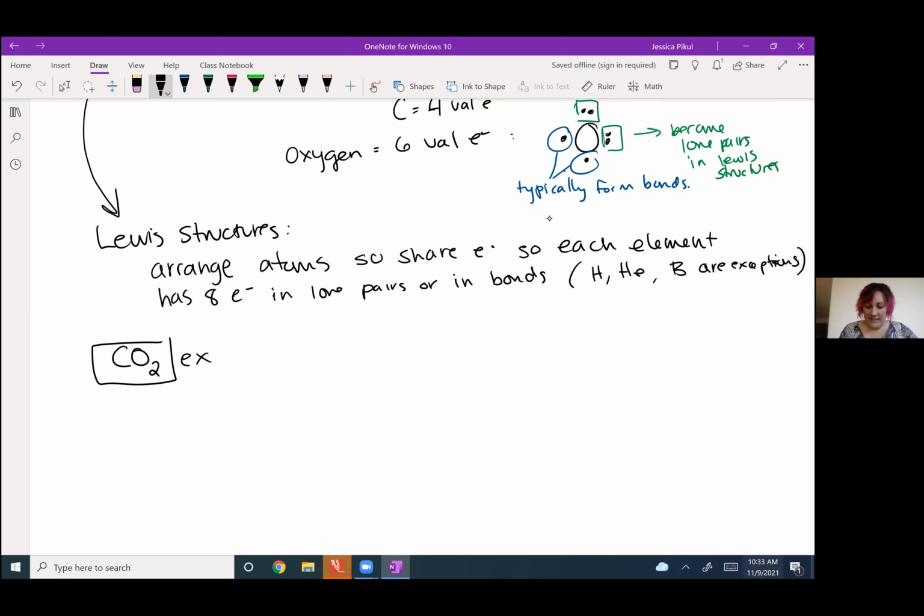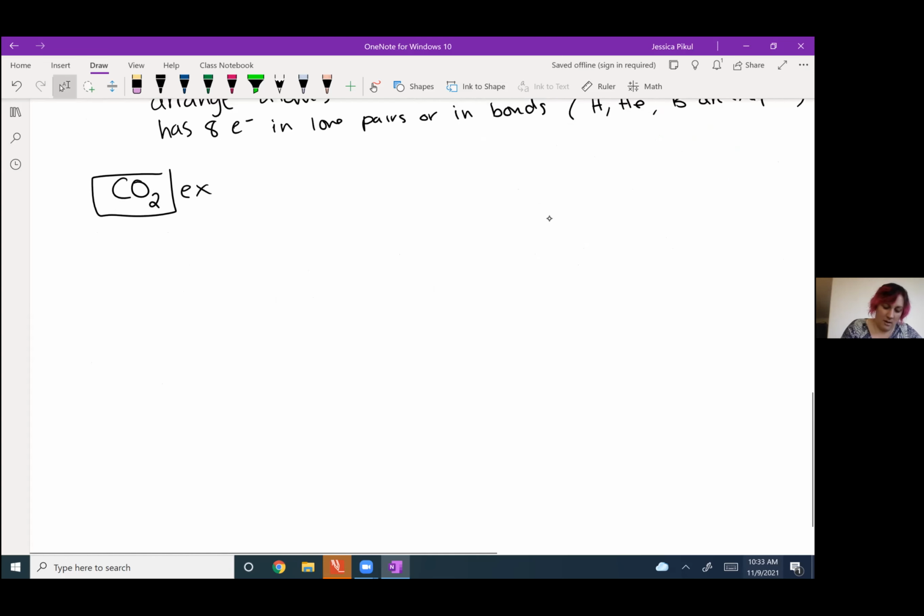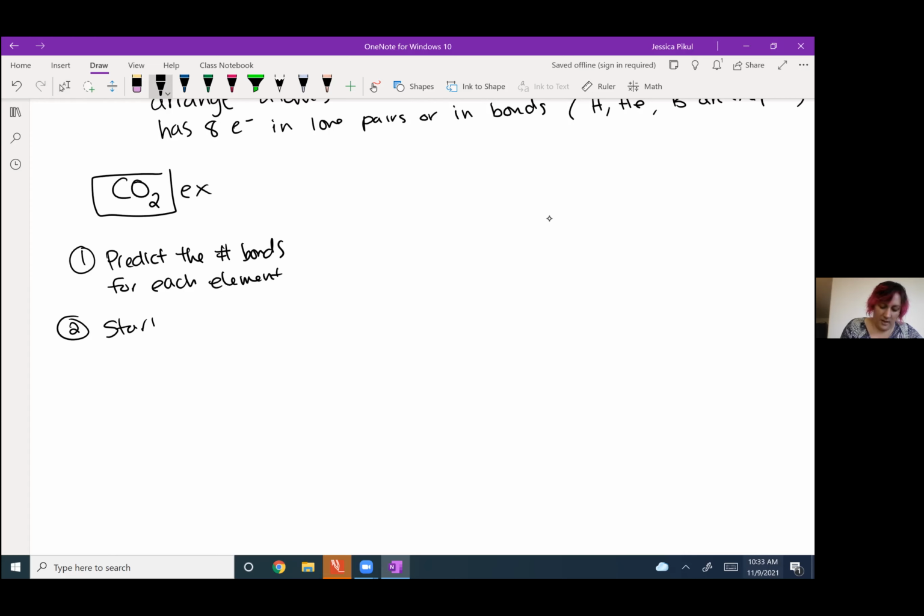as my example. My steps that I'm going to follow here are: predict the number of bonds for each element. I'm going to start with the element that needs the most bonds in the center.